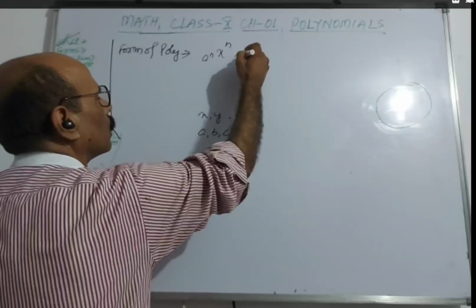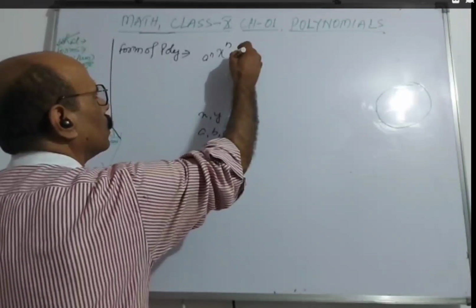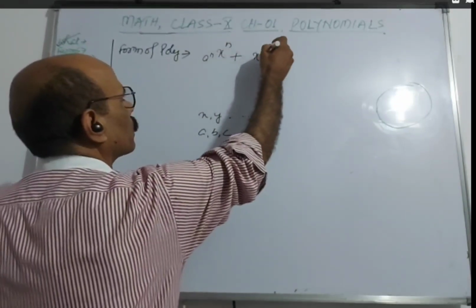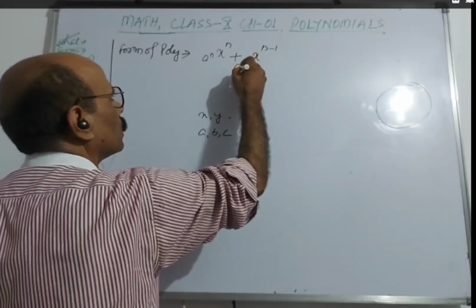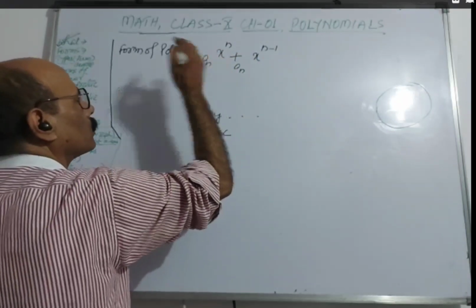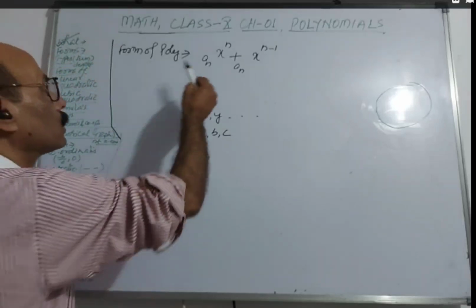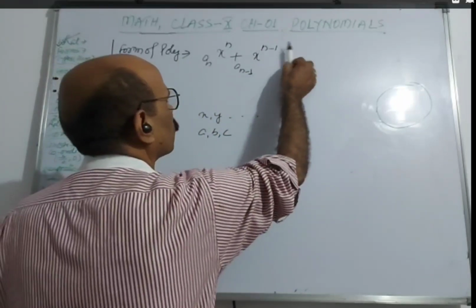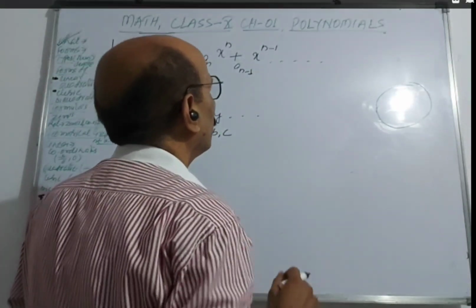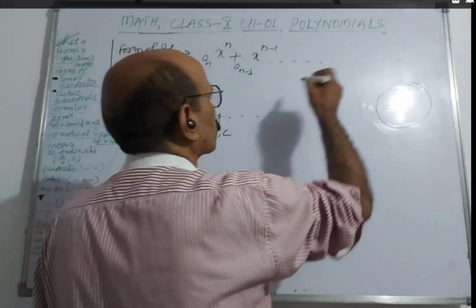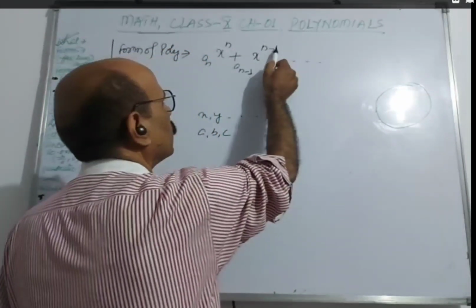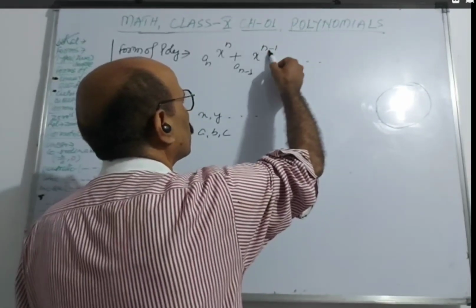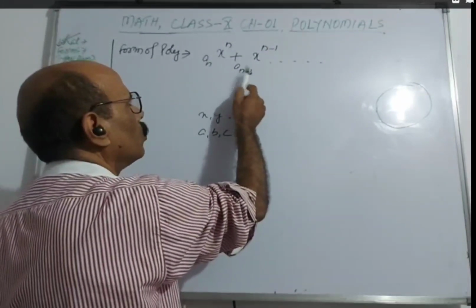Next will be plus a n minus 1 times x to the power n minus 1, then n minus 2, n minus 3, and so on continuing. Finally, it will be n minus n, that is x to the power 0, with coefficient a 0.